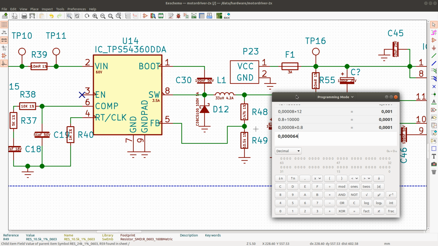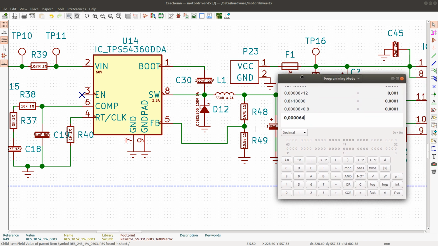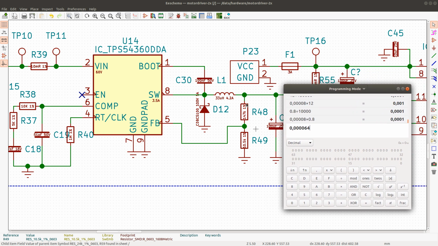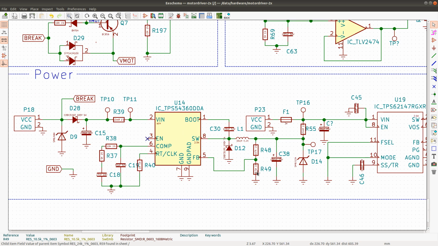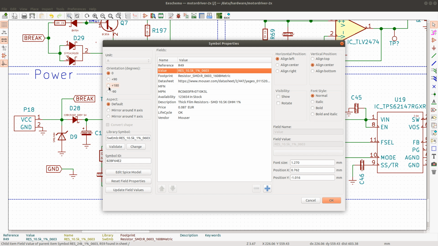I don't know, maybe I missed something. Maybe somebody can point out why these resistors are specified as 805 resistors in the recommended schematic. Anyway, I'll change this one to 10K.